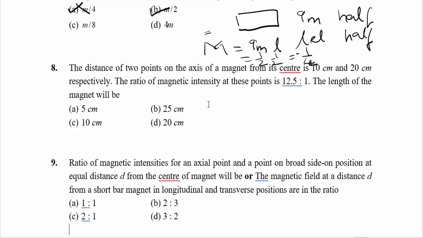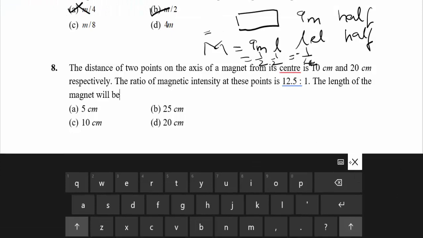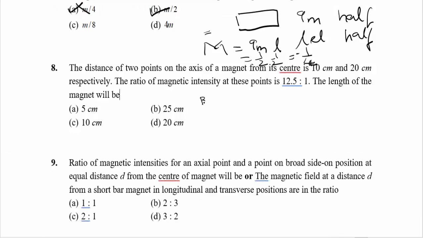The ratio of magnetic intensities at these two points, B1 by B2, is given as 12.5:1.